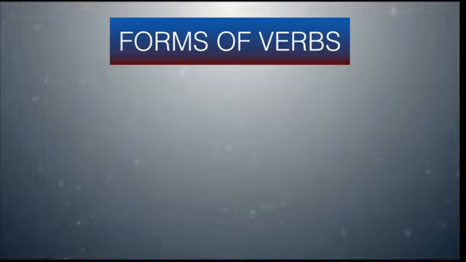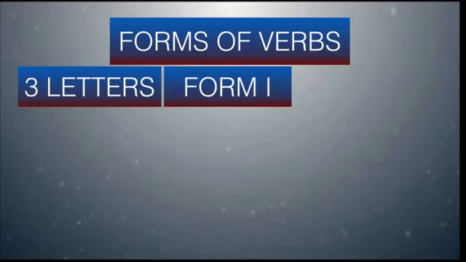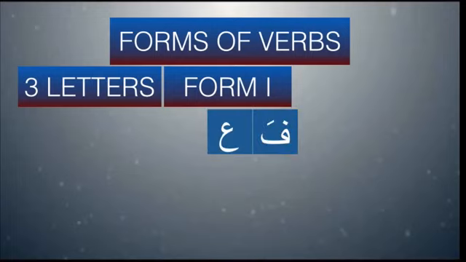So, to begin with, what we have been learning in the previous few classes is the forms of verbs. We have learned extensively about three-letter verbs, which is form 1, and we already know that it has three kalimas: fa kalima, ain kalima, and lam kalima, where the fatha is on the fa kalima and lam kalima, and the vowel sign changes on the ain kalima.